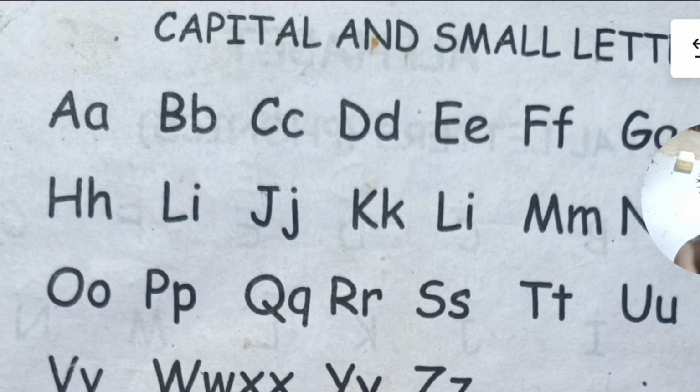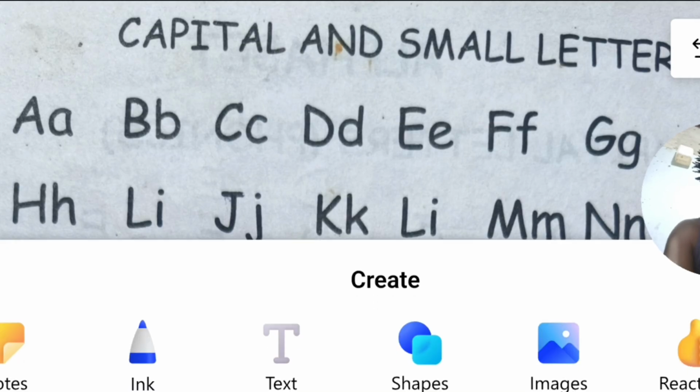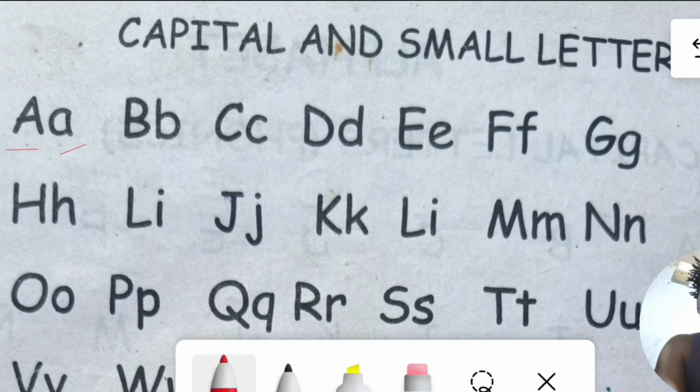So here we have capital and small letters. They are quite different. Some of them are different and some of them are just the same. As you can see here, we have capital A and then small a. You can see the difference, but all of them are A. And then this is B, capital B and small b.